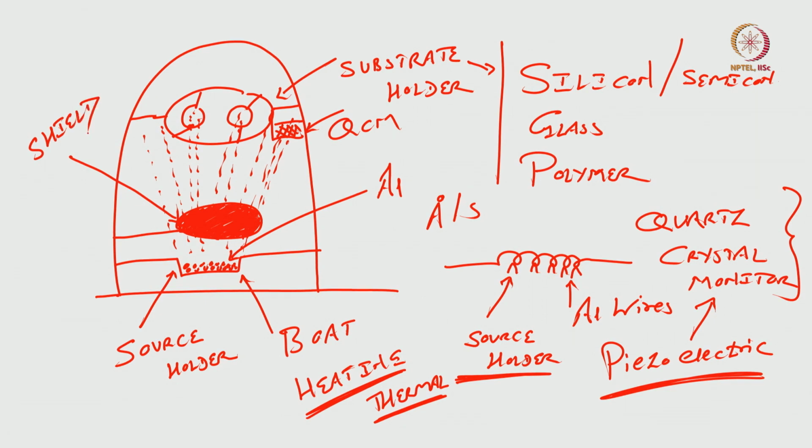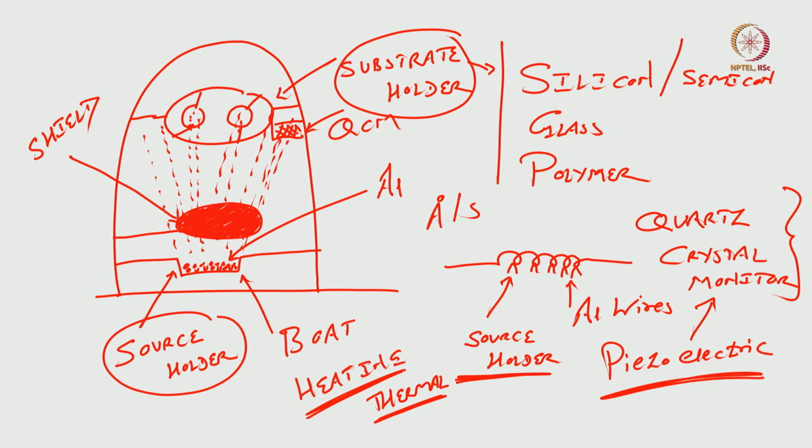If the shield is between the source holder and the substrate holder, then the material that gets evaporated cannot reach the substrate, easy, because it is a metal sheet and you cannot pass through metal.